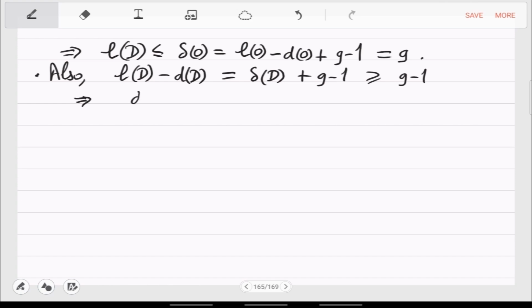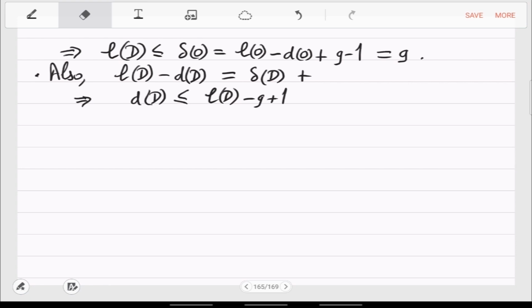So which means that the degree is at most L(D) minus G plus 1. Wait, something is wrong. Which means that the degree is less than or equal to G minus 1.